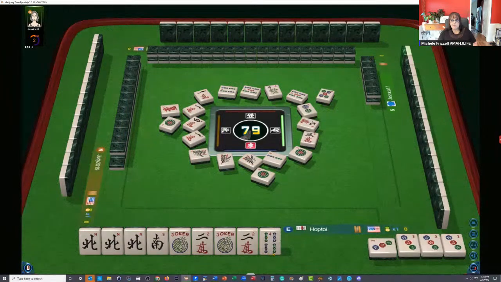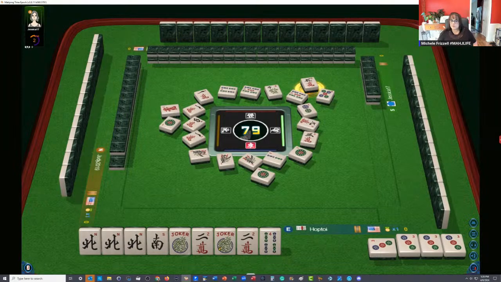I'm kind of hoping the 2 goes down first because we could be playing several hands with a 2 out. However, the 1s are down, 1 crack and 1 bam are down. If we Kong a 2 crack and discard a 4, 5 characters, they're going to know what we're playing.